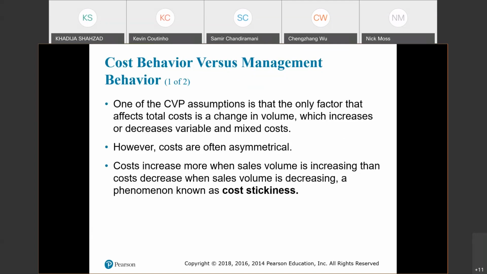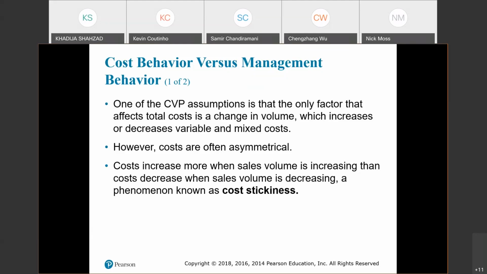For example, as sales increase, managers hire more workers, which increase the variable cost of labor.